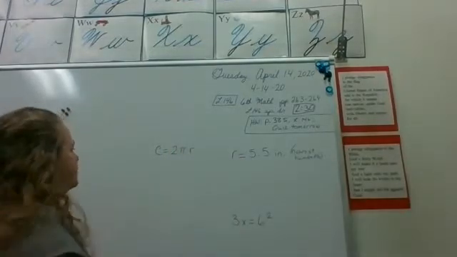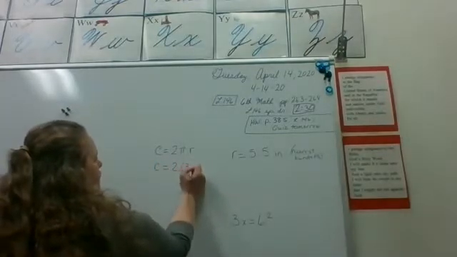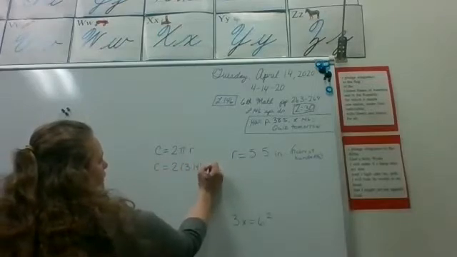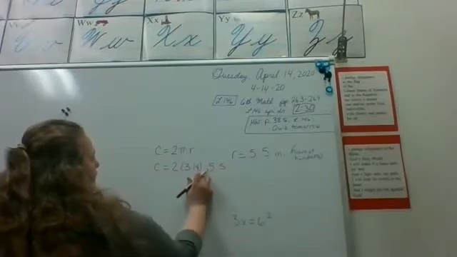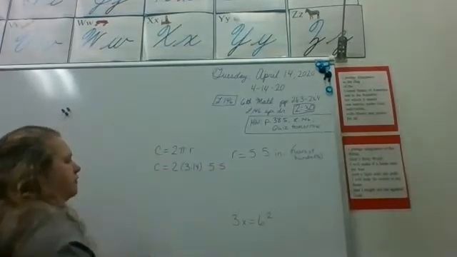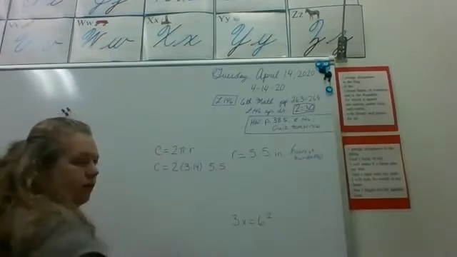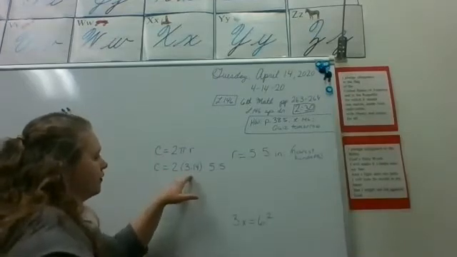Okay, so c equals 2 times 3.14 times 5.5. Okay, we can do that. So now we can choose, we can multiply the 2 times 5.5 or 3.14.